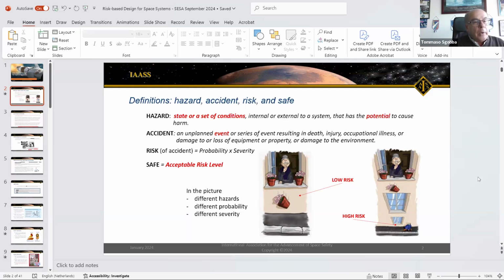Here we have another scenario, another accident. Although the initial conditions are the same, these are two different hazards. The probability of this being an accident is the probability that the lady will push the pot and the probability that the guy will be just beneath the trajectory of the pot. These are called causal factors. So the causal factors determine the probability of the event.